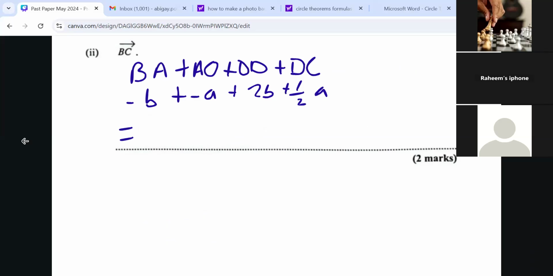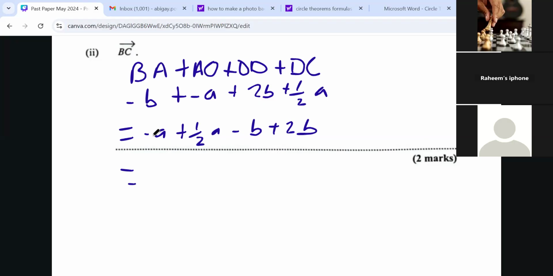Now let us simplify it. Let's combine like terms. Let me rearrange: negative A plus half of A, minus B plus 2B.